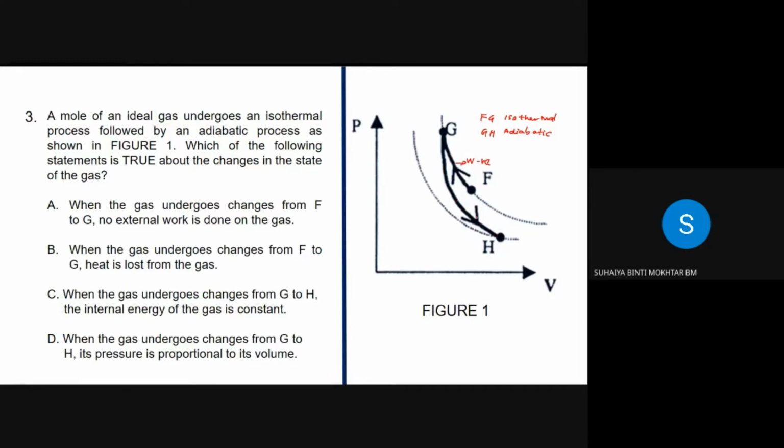The volume increases, and the area under the graph is the work done, so the work done should be positive. Why positive? Because the volume increases. And then temperature: the temperature at point G equals the temperature at point F. For the adiabatic process, the temperature at G is greater than the temperature at H.